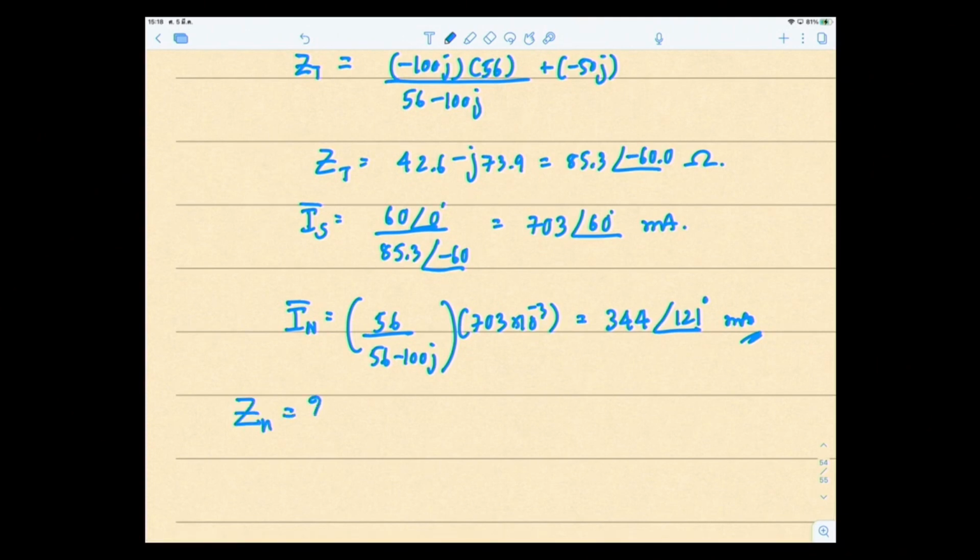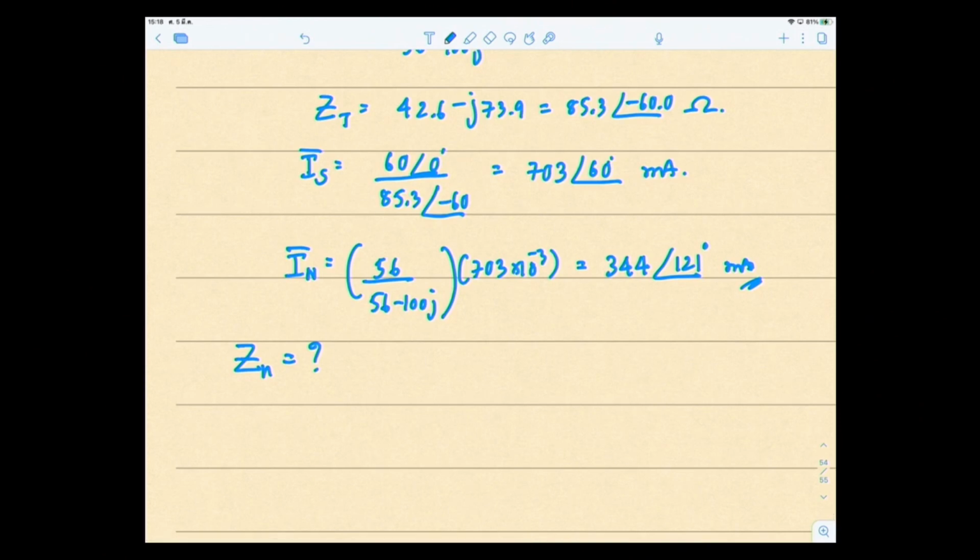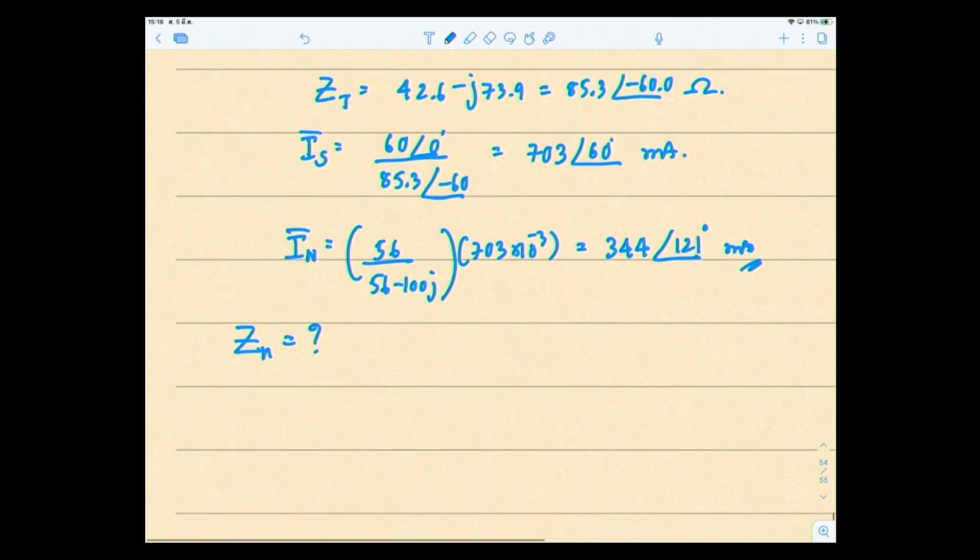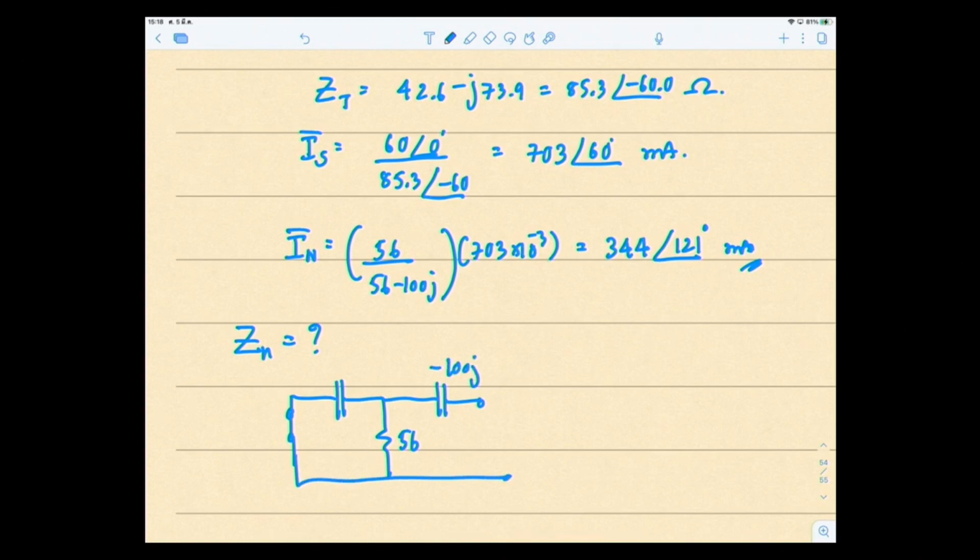As for my Norton impedance, it's the same way you find the Thevenin impedance. It's the total impedance looking into the terminals with all the independent sources turned off. So the voltage source you short, and this is what you have. Looking into here, Z total is 56 parallel with minus 50j, and then in series with minus 100j.